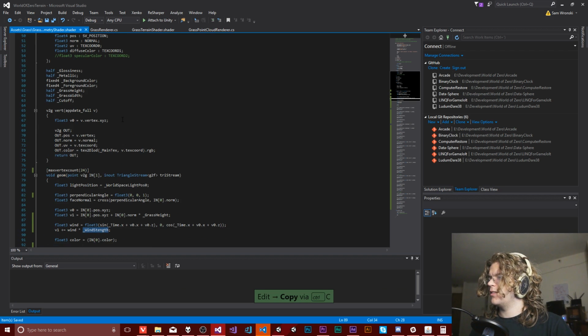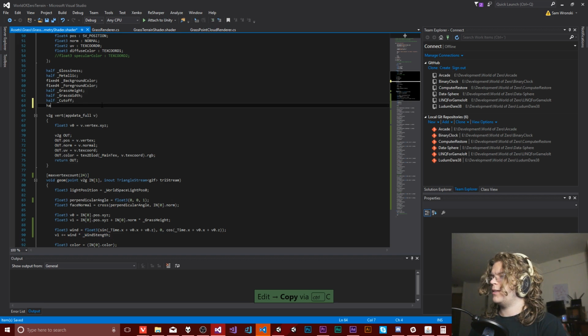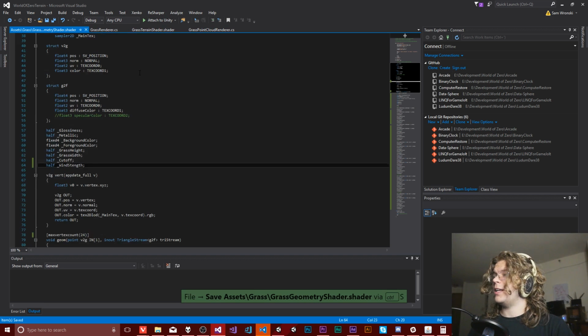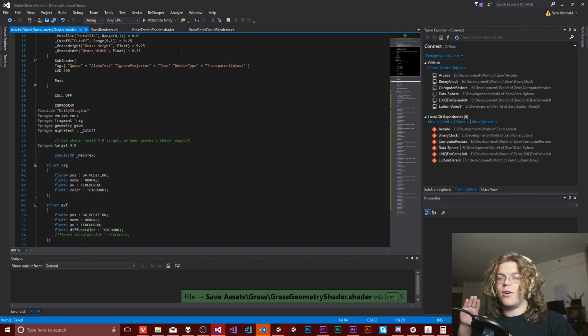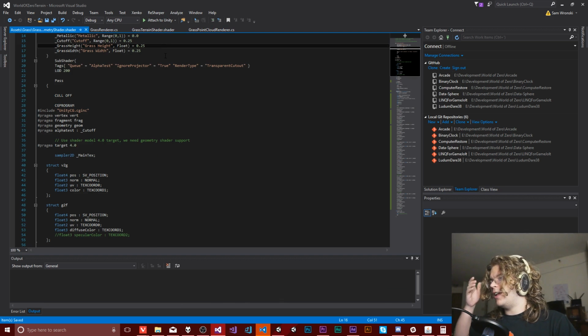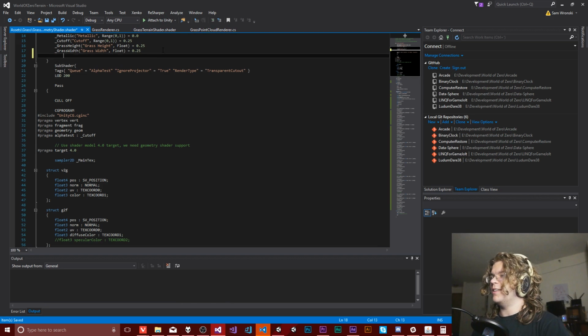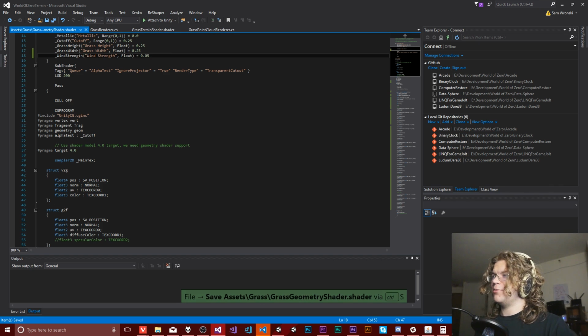So wind strength, that is going to be coming in, and that's just going to represent how far, at the maximum value, how far we can actually move this thing. So wind strength. Let's make it a float, and we'll just initialize it to like 0.005. So it's just a light breeze. I think it'll be light.